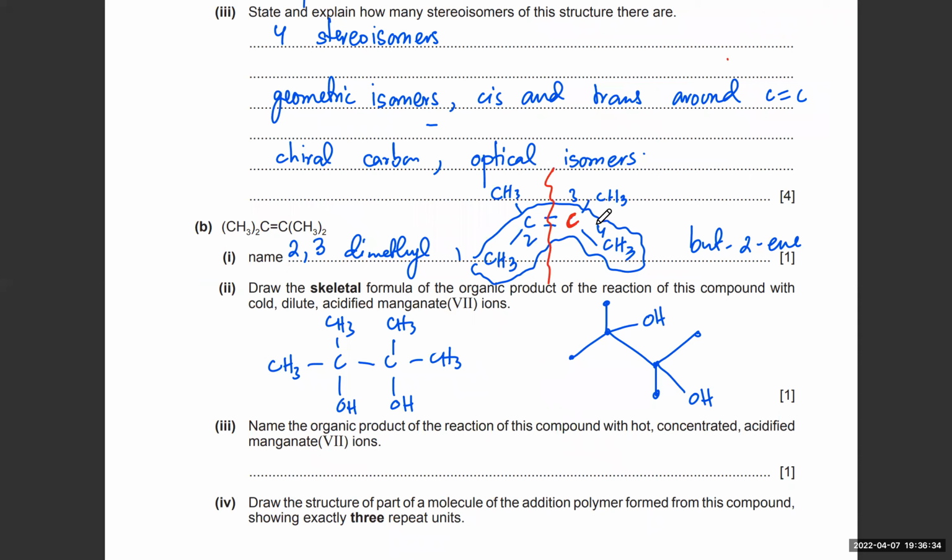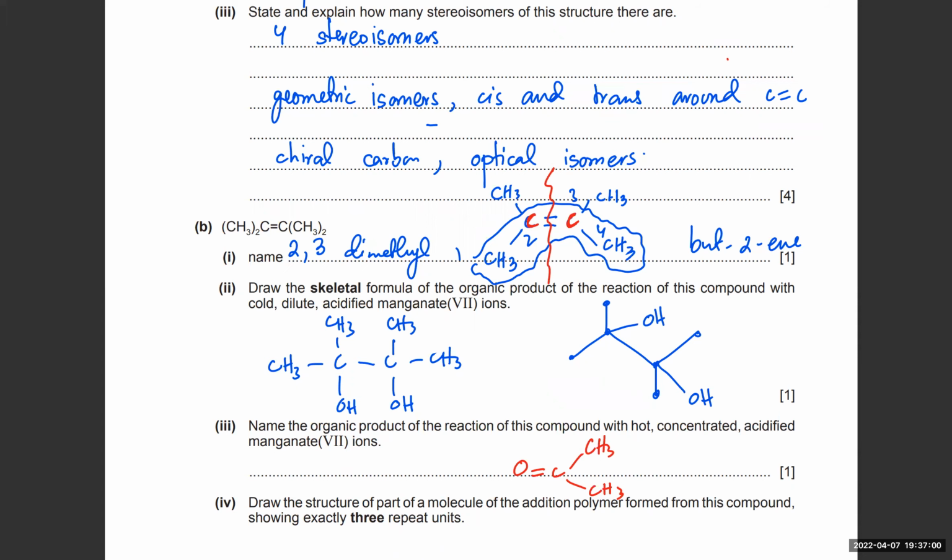It's got 2 carbon chains attached to it, so that will turn into a ketone. The other side is exactly identical. The same thing would happen to this other carbon atom.